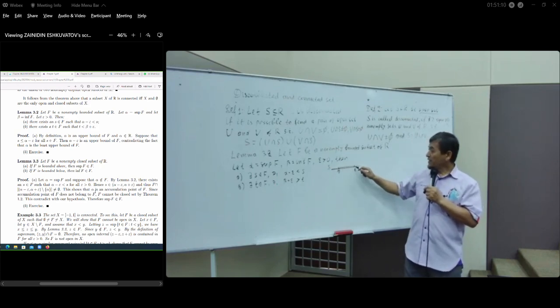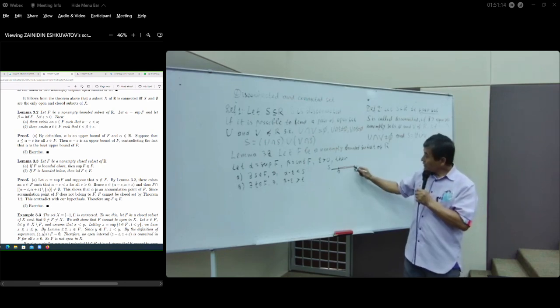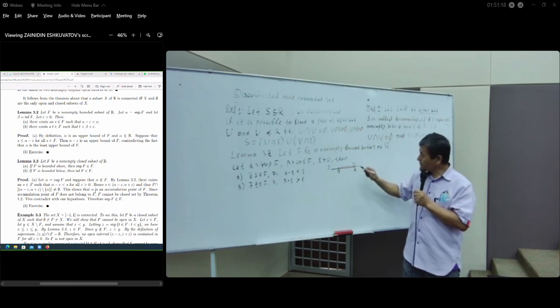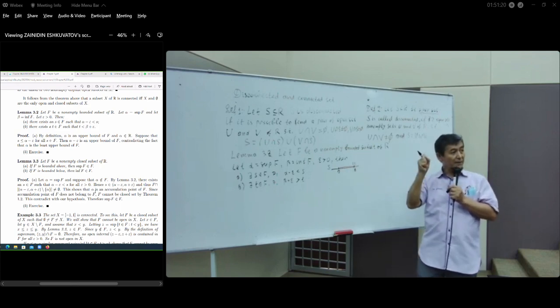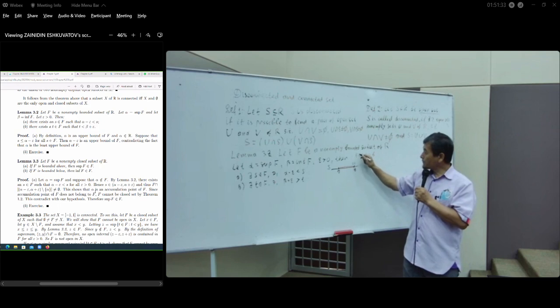B is called the supremum if we take any very small epsilon and subtract it from B, then there exists S, less than B but greater than B minus epsilon.